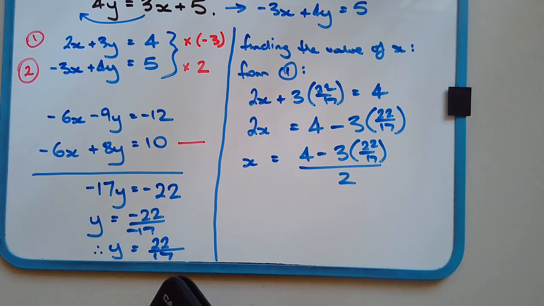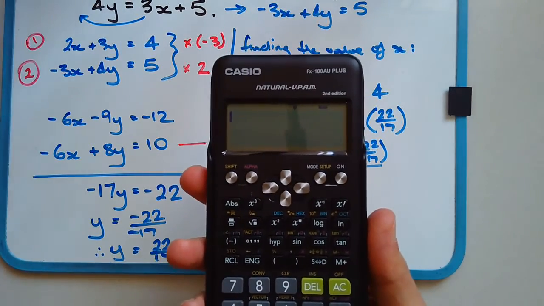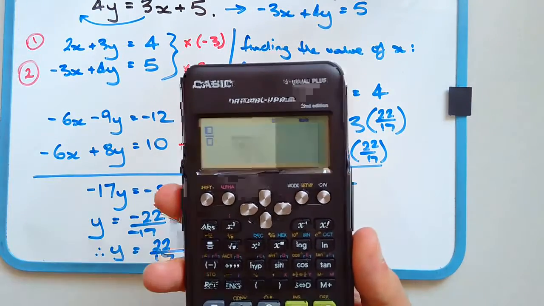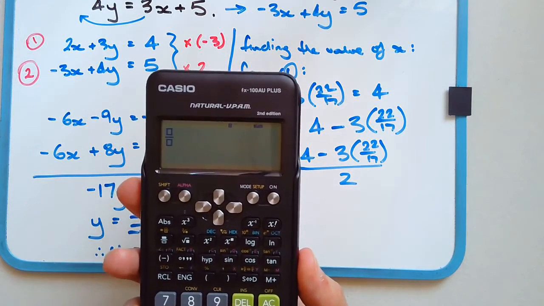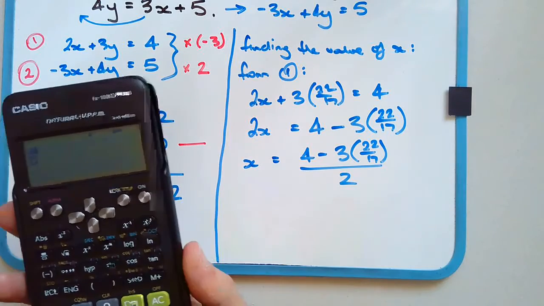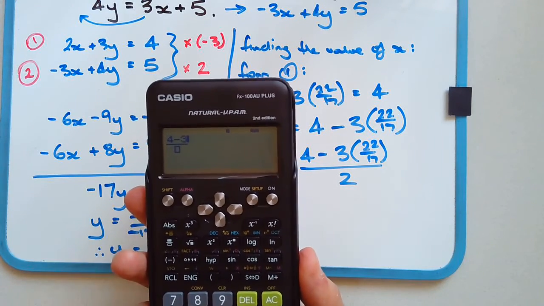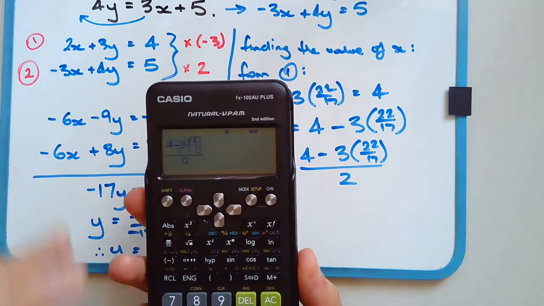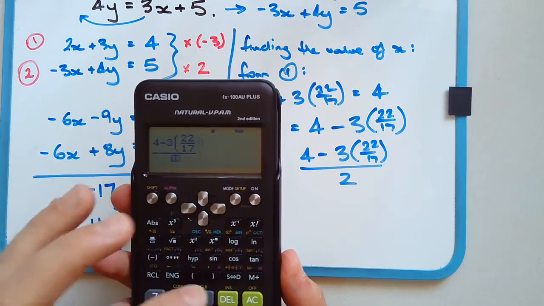Modern day calculators are quite adept at letting you enter quite complicated expressions. So we're just going to type this in and evaluate x. So 4 minus 3, and you can enter a fraction inside a fraction. No harm in that.